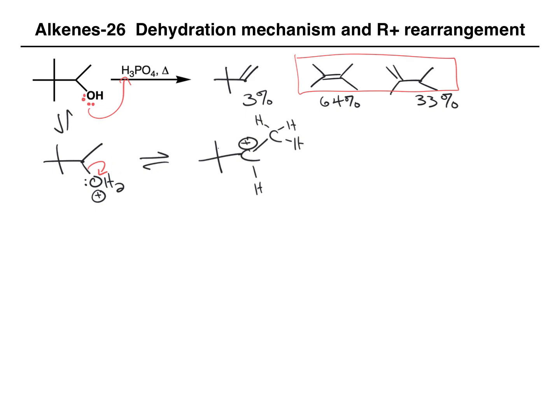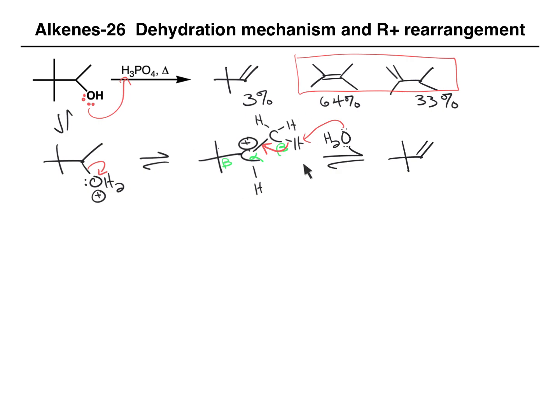So when water leaves, we still have one hydrogen present. Now, this carbon is our alpha position. Here's a beta, and here is a beta. The beta on the left, there are no hydrogens that can be abstracted. So in the third step, water has to grab off one of these protons, allowing these electrons to fold in here, which will give us this product. And this one corresponds to our first product.